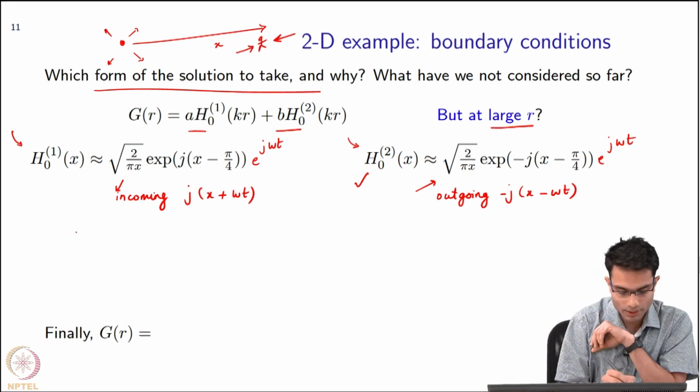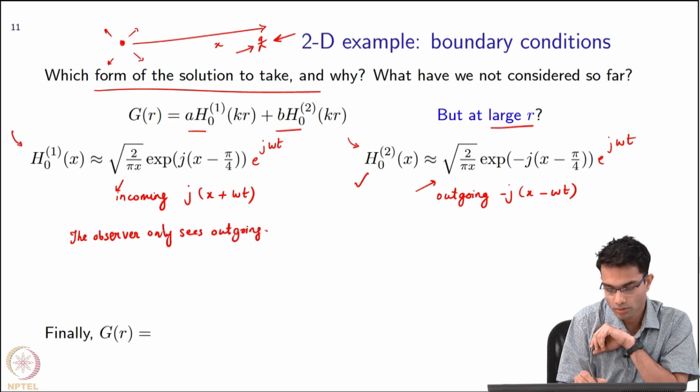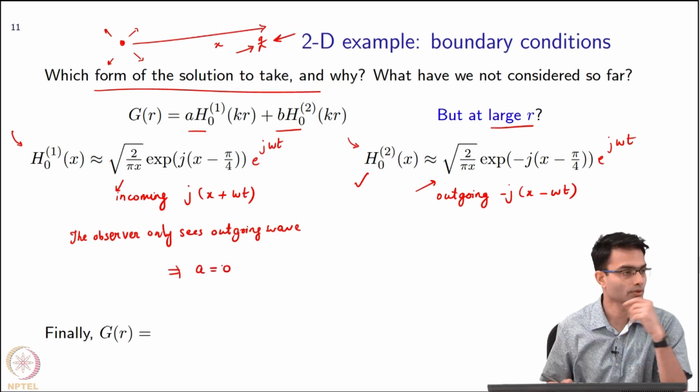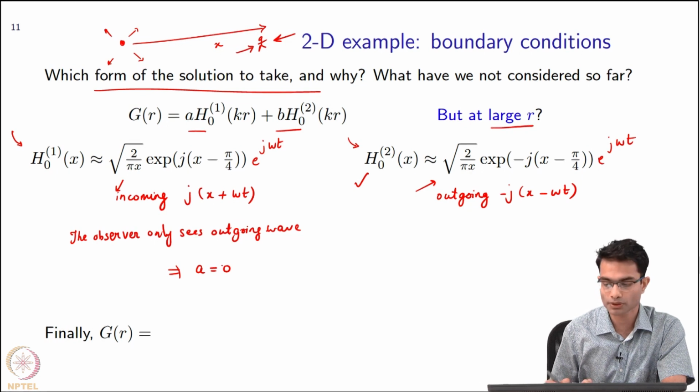So, based on the observer only seeing an outgoing wave, this implies A is equal to 0. A is equal to 0 guarantees that the solution is purely outgoing.